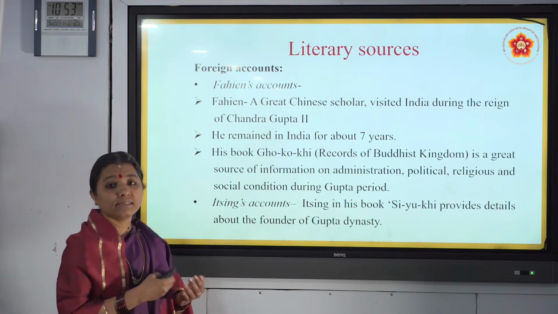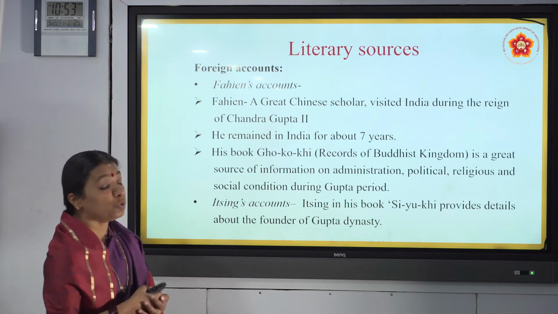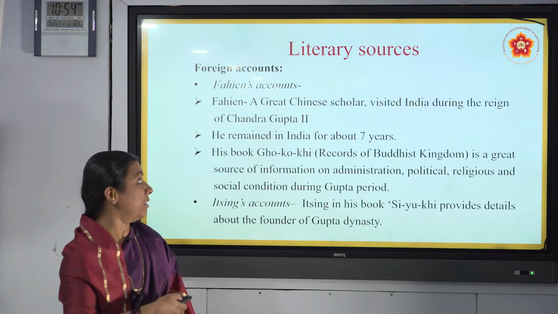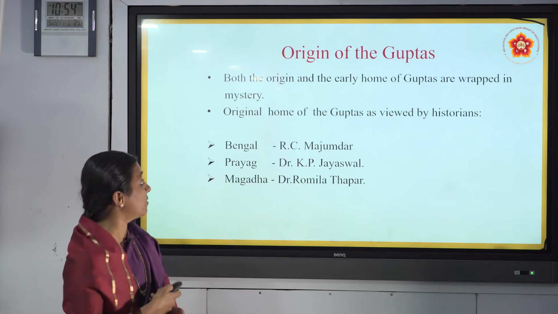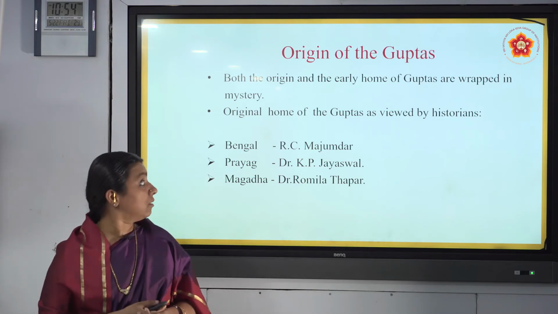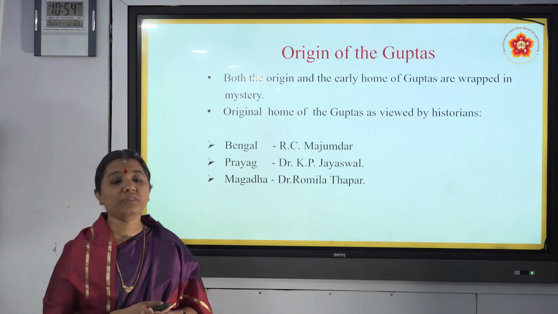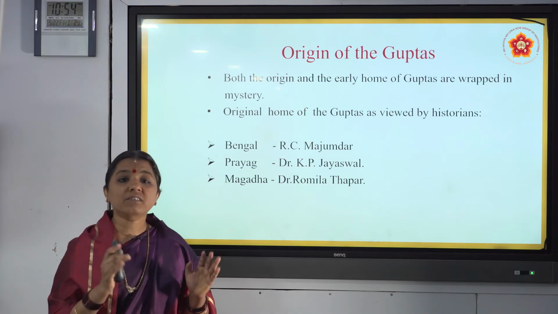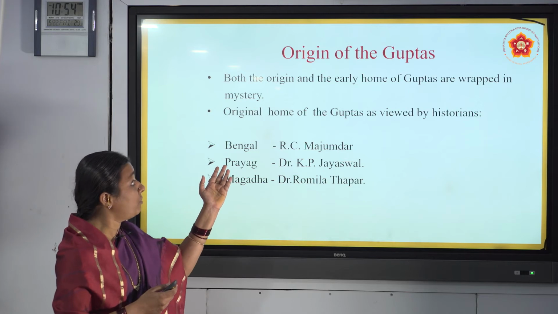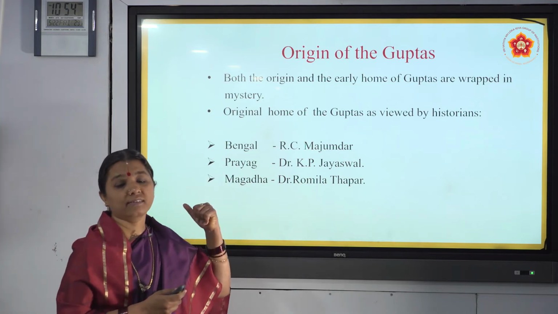So now let us move on to the origin of the Gupta period. What is the origin of the Guptas? Both the origin and early home of the Guptas are wrapped in mystery. We have references on the original home of the Guptas as viewed by historians.